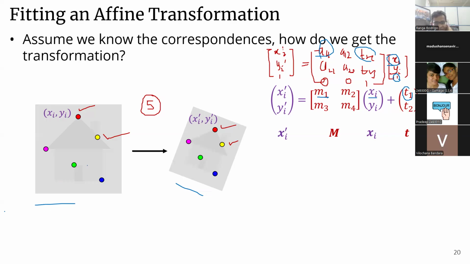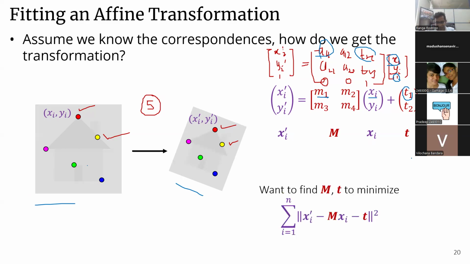Okay. Moving on. So you can see we can write this as xi prime equals M xi plus t. In this case, the thing that we have to minimize is M times xi, so this is our xi in this case, plus t, subtracted from the transformed version. This one. Any questions about that?